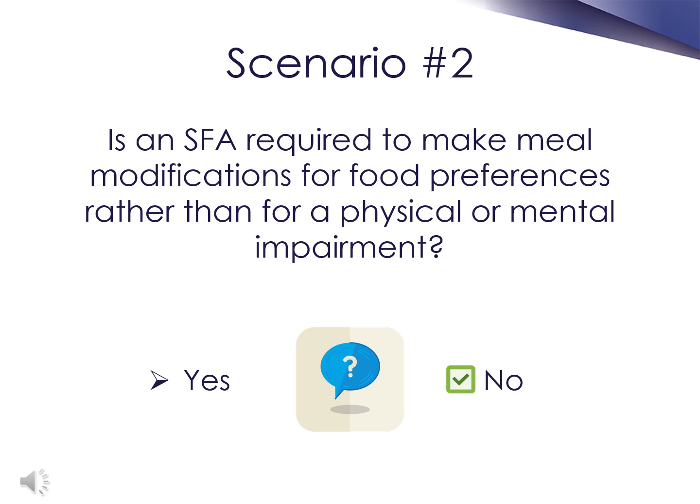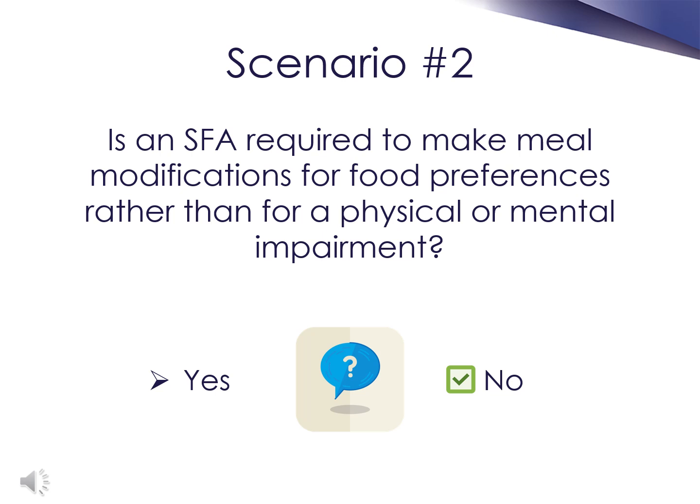Scenario number 2. Is an SFA required to make meal modifications for food preferences rather than for a physical or mental impairment? No, SFAs are not required to provide meal modifications for preference requests, although it is strongly encouraged that the SFA consider making accommodations.